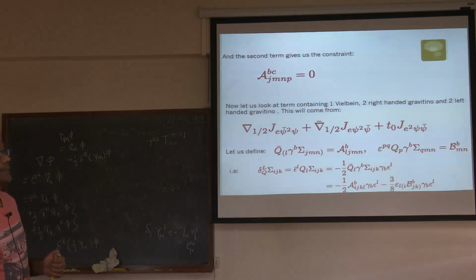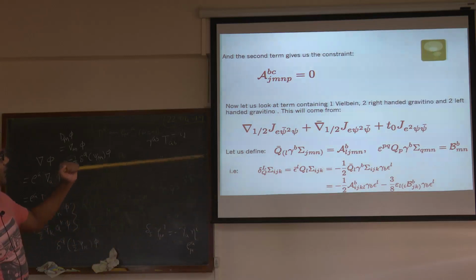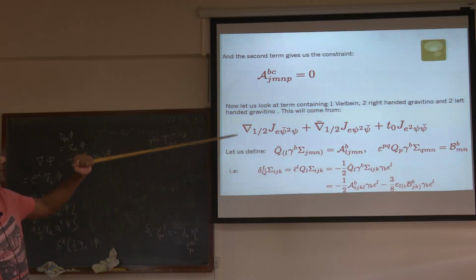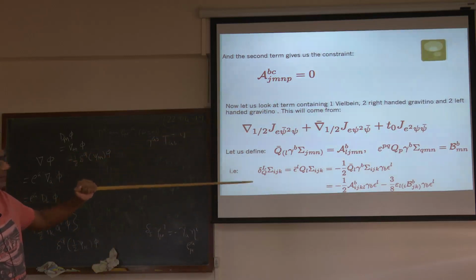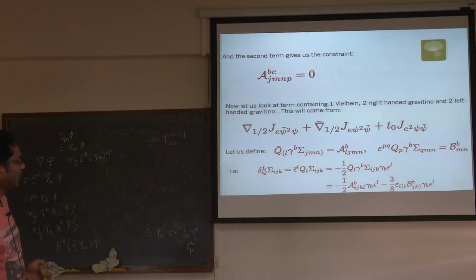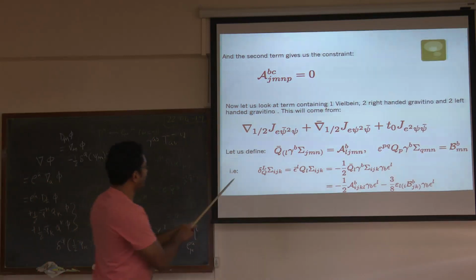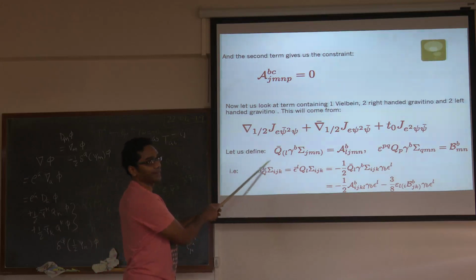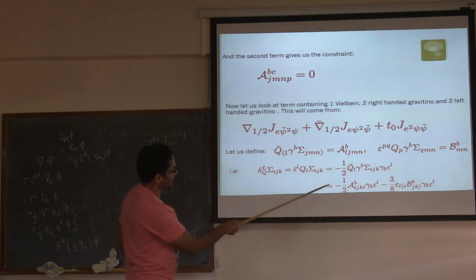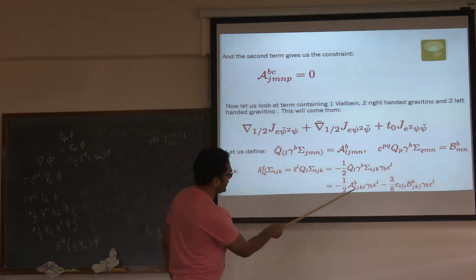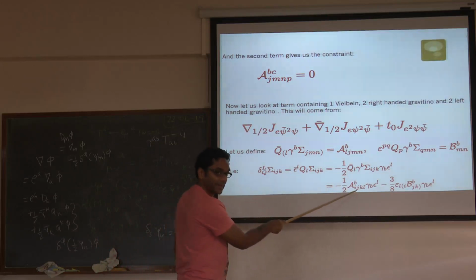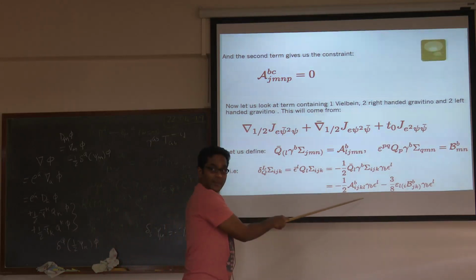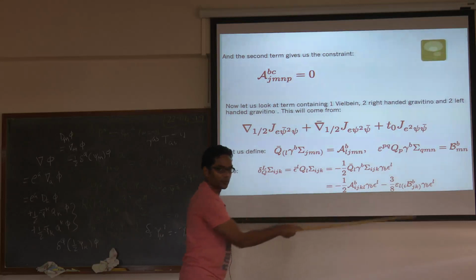Okay. Similarly, I think I will skip this. You will get some other constraint by looking at the other term in delta J, which has 1 right-handed gravity and 2 left-handed gravity. I will just mention the constraint. So, this is the left supersymmetry transformation of sigma ijk. The left supersymmetry transformation of sigma ijk will break up into a Lorentz vector, which can be decomposed into irrep 5 of SU2 or irrep 3 of SU2.